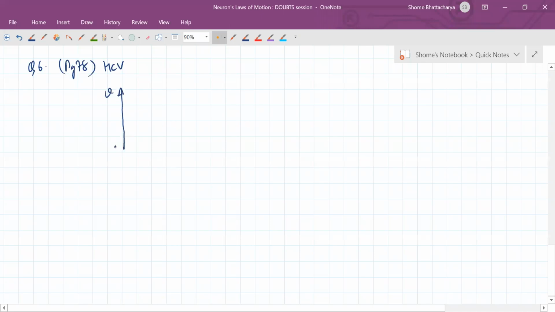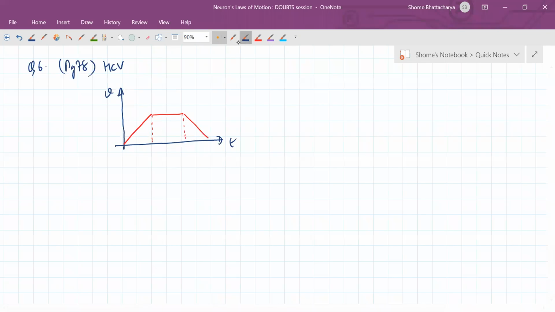So whenever a velocity or speed versus time graph is given, we can always find the acceleration from the slope. So that graph is like this. The velocity is increasing from 0 to 15 meters per second in time 3 seconds.